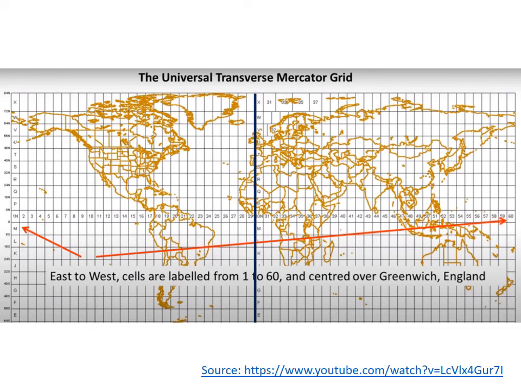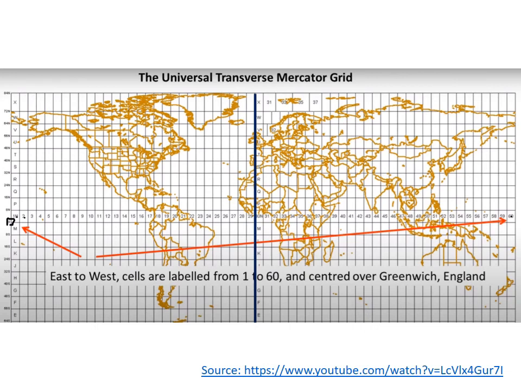The entire world is divided into grids, and you could see this line is the equator, where it is set as 0, and this map is drawn between 80 and 84 degrees. Each zone is numbered like 1, 2, 3, 4 up to 60. That's why the entire map is divided into 60 zones.